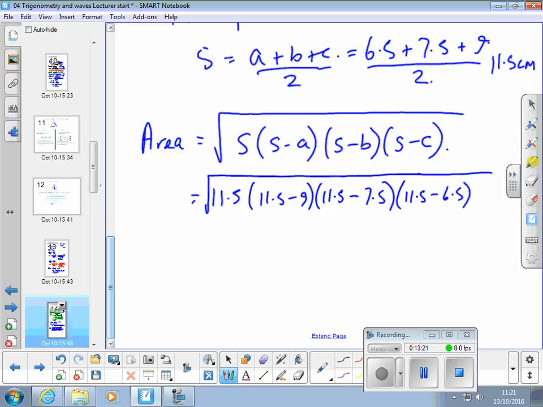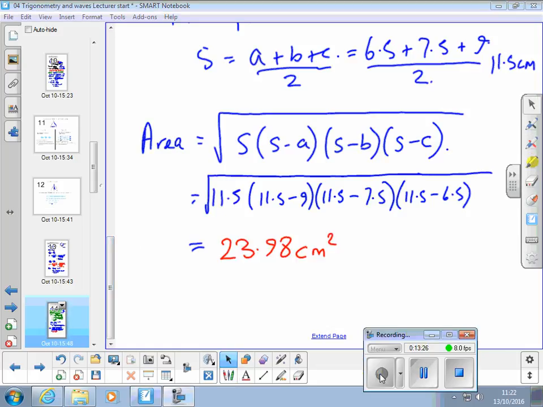Again, do that all in one go, push the buttons and see what result you get. So using that formula, knowing the three sides, we can find that. We could check it with any one of the other formulas for finding an area. Right?